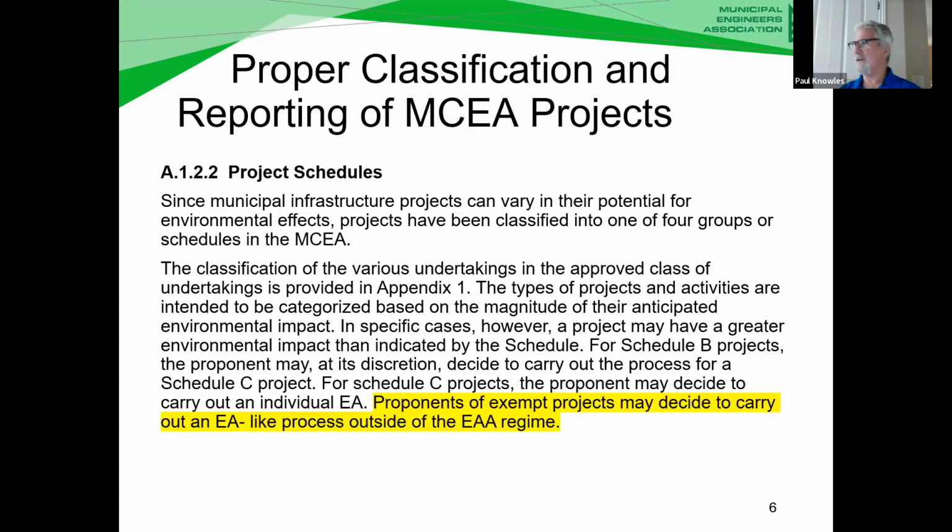For Schedule C, the proponent may decide to carry out an individual EA. Proponents of exempted projects may decide to carry out an EA-like process outside the EA Act regime. So the ministry invented this term EA-like process and put it in the amended Class EA that we all saw this past March.